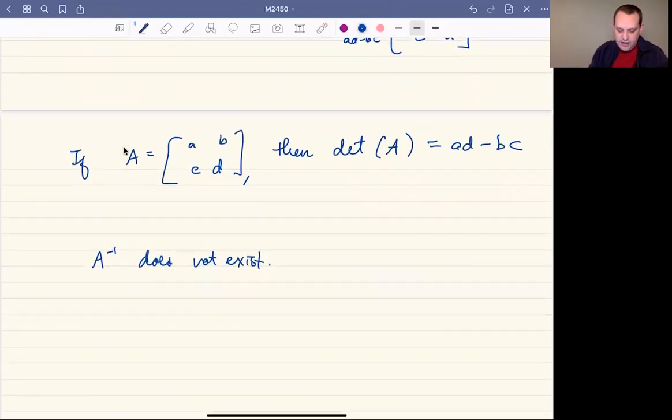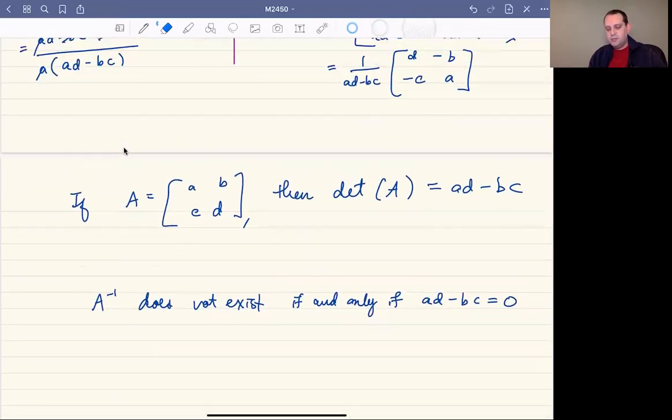So it turns out A inverse does not exist if and only if AD minus BC is 0. So AD minus BC is the determinant. If the determinant is 0, then there's no inverse.